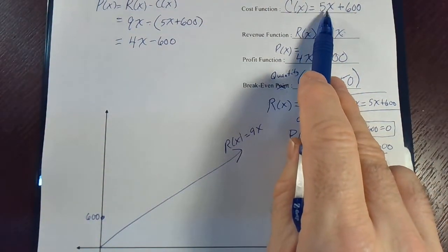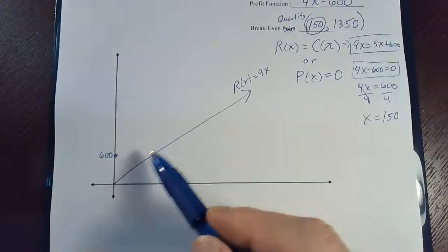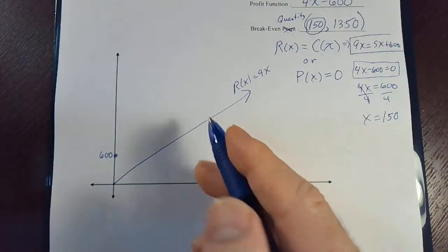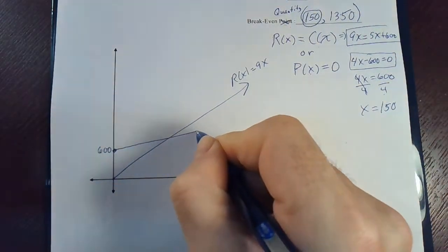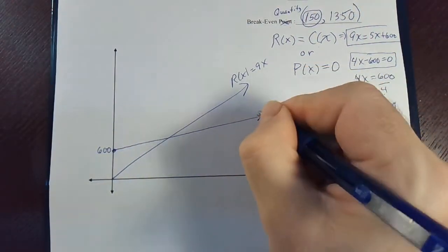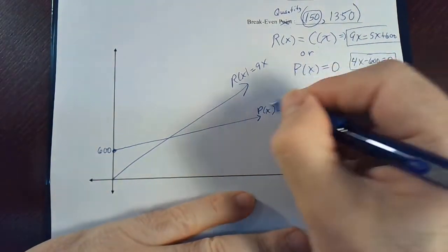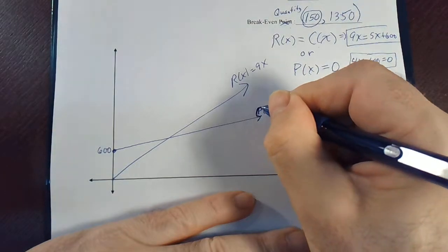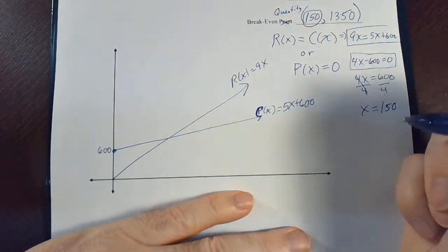The point being, it's a smaller slope than the revenue. It's not going to be as steep as this function, which means it's going to cross somewhere, like that. That's our cost function, which was 5x plus 600.